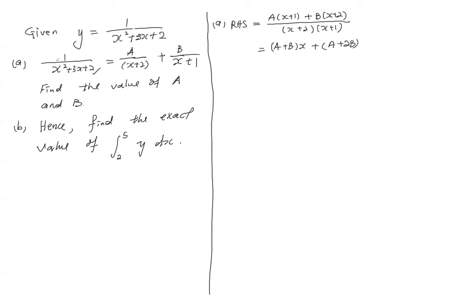So I compare this with 0x, there is no x, correct? Here there isn't any x plus 1. So I purposely put a 0 to tell you that I'm going to make a comparison with the coefficient.